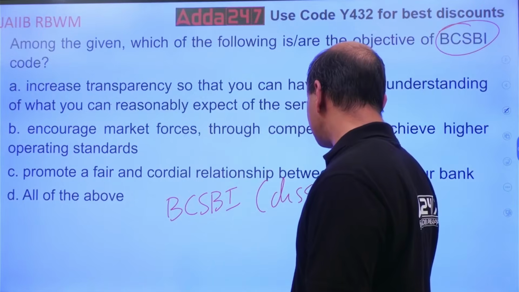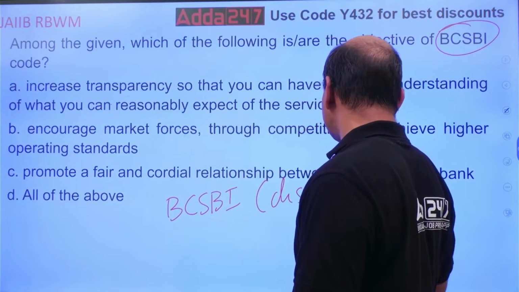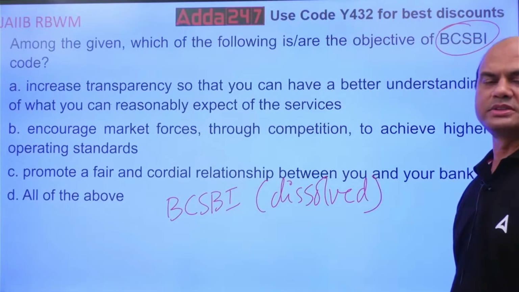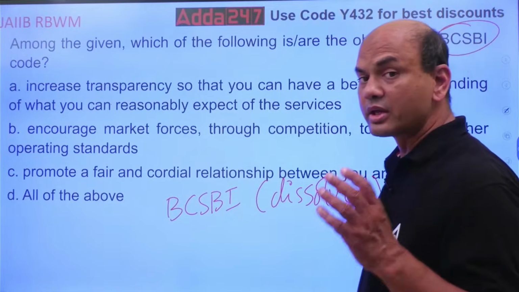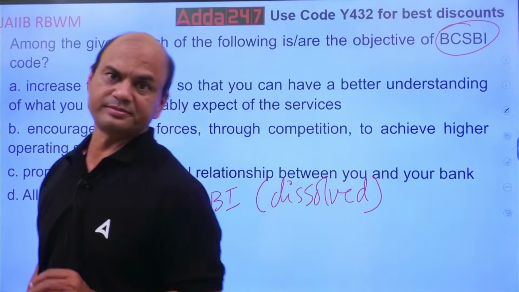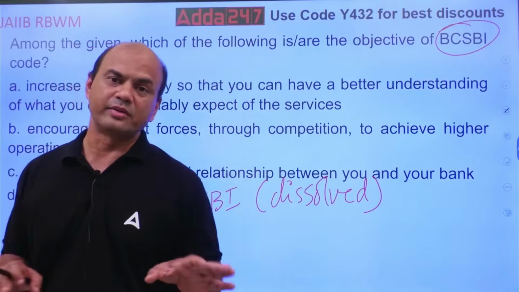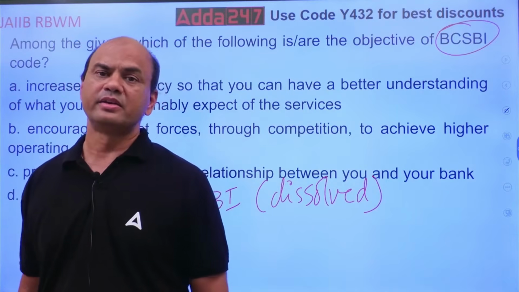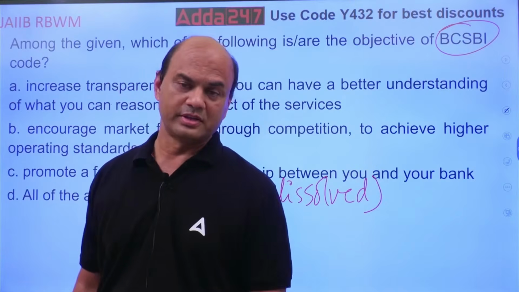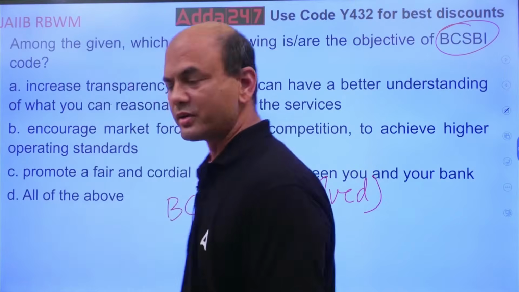So, if it is dissolved, what about the customer service? BCSBI was there for looking at it that the banks give proper customer service. The codes and everything were defined in BCSBI. So if it is not existing, then who is taking care of it now? Two are taking care of it. Who are those two?